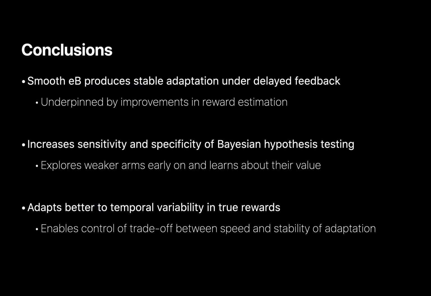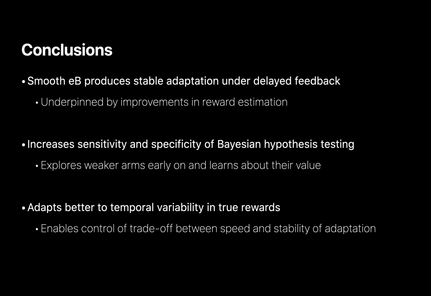Secondly, it's not just about estimation. As I've shown you, Bayesian hypothesis testing or decisioning can also be facilitated by these sorts of empirical methods. And ultimately, the reason for this, which I want to leave you with, is because empirical Bayesian methods explore weaker arms early on a bit more, enabling us to learn about their value, and then taper that off as a function of the signal to noise in the data.